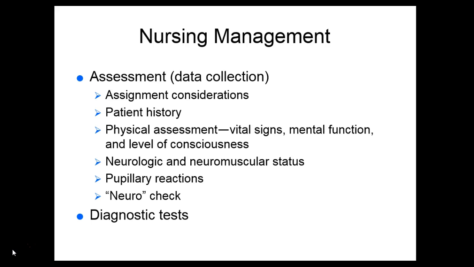Okay, so nursing management. First of all, we would do a nursing assessment. We would get a patient history, find out what their symptoms are, how long they've had them. We would do a physical assessment, check their vital signs, their mental functioning, and their level of consciousness.